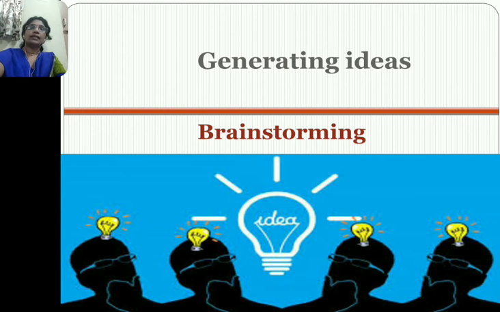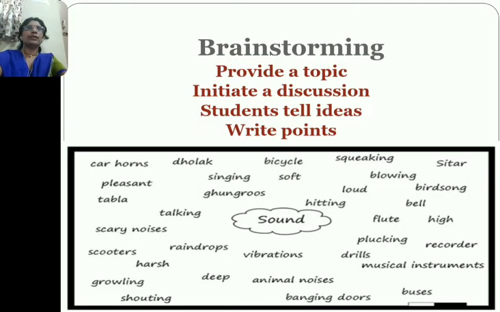For generating ideas, brainstorming is another technique. In the brainstorming technique, the teacher provides a topic, she initiates a discussion on the topic in the classroom. All the students are supposed to tell the ideas related to that topic. Then the students come out with variety of ideas with the different angles like sound.